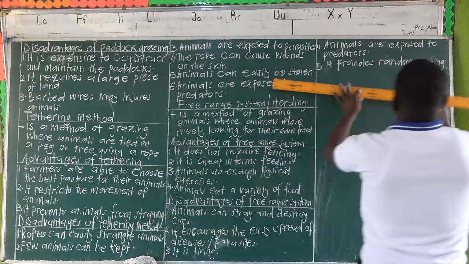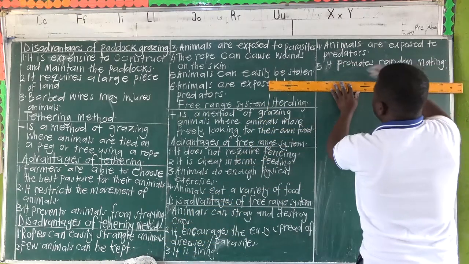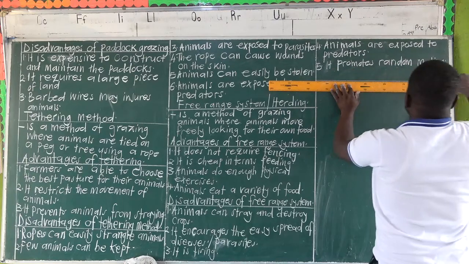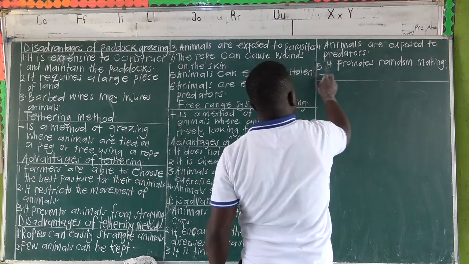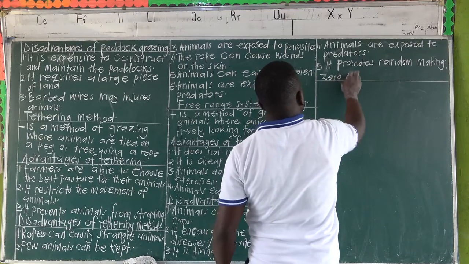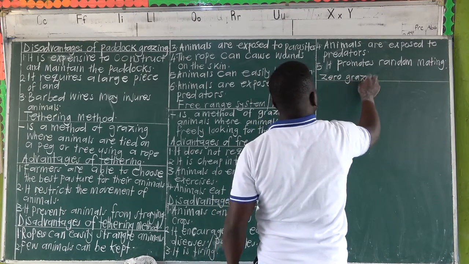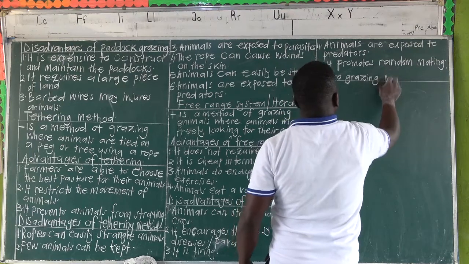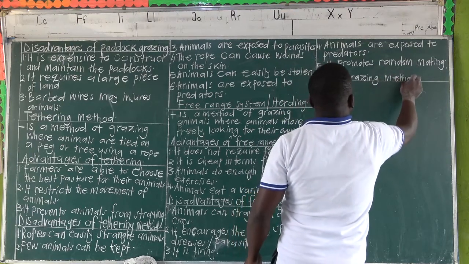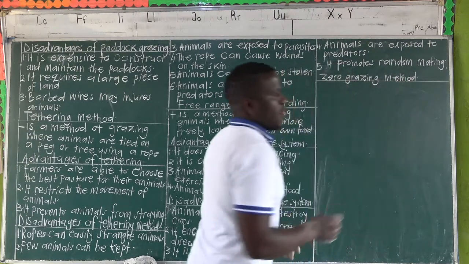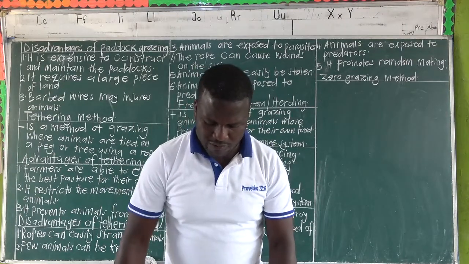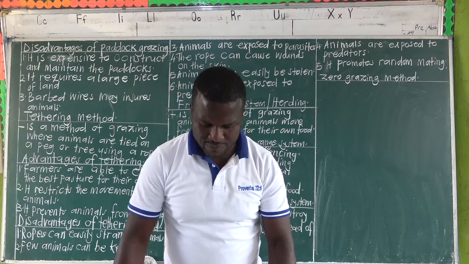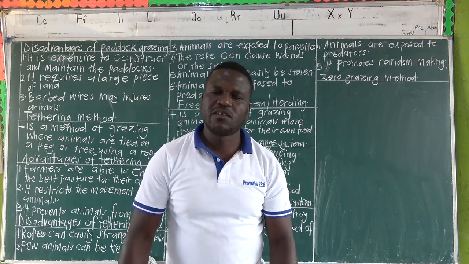Next, we look at zero grazing. Zero grazing method. This is a method of grazing animals where animals are kept indoors. Food and water are supplied to them.